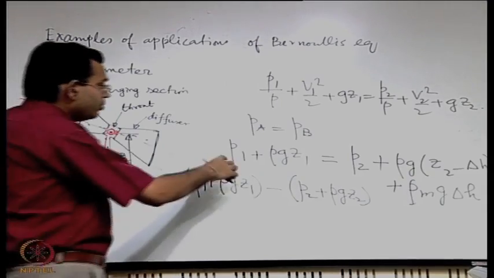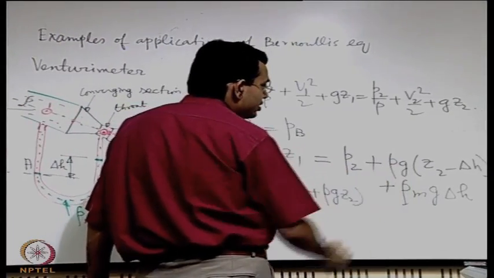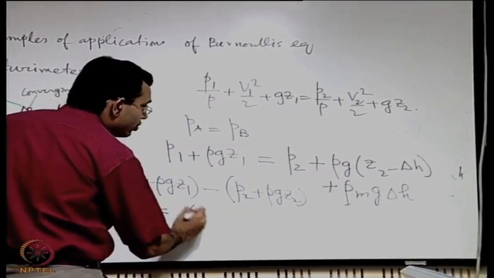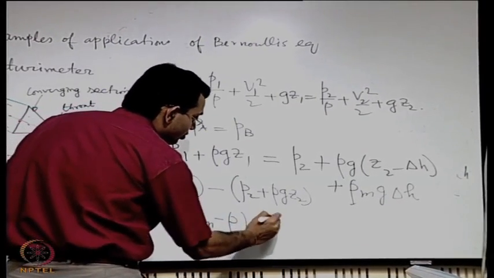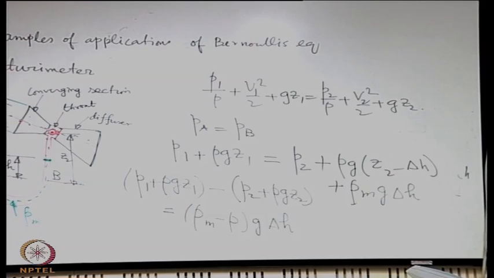So if you write P1 plus rho g Z1 minus P2 plus rho g Z2, then that is rho m minus rho into g into delta H, right.